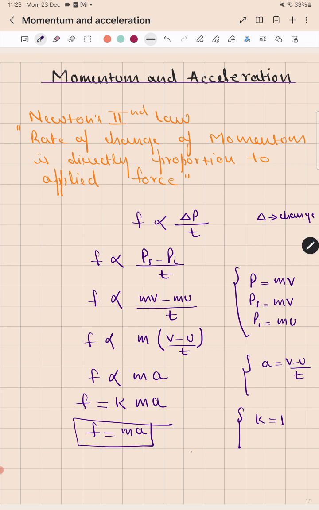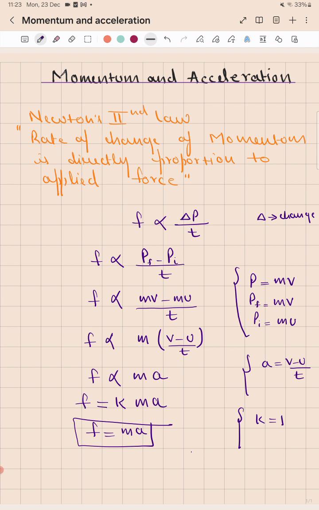So this is the relation between momentum and acceleration. At the end we can say that through this derivation, momentum and acceleration are related through force, because the change in momentum leads to acceleration.